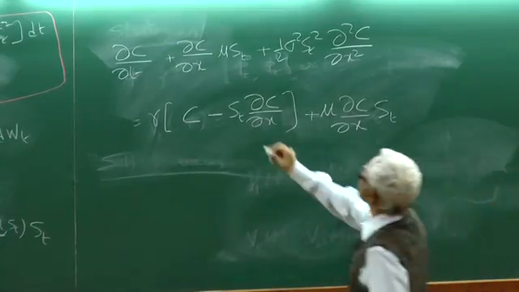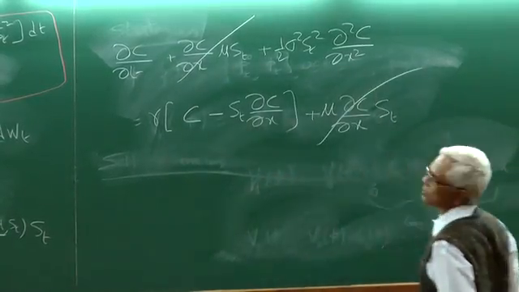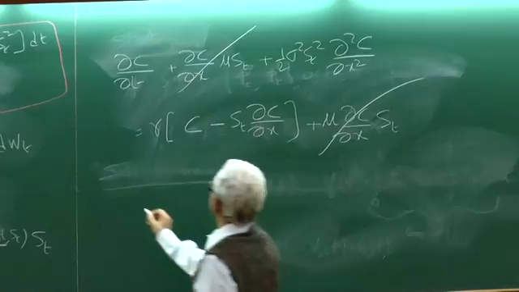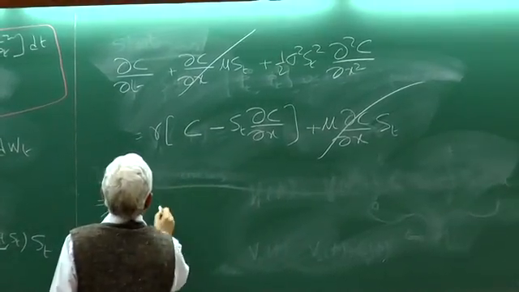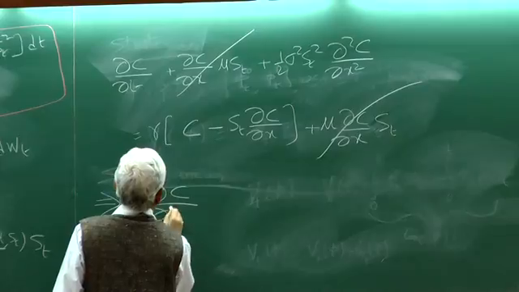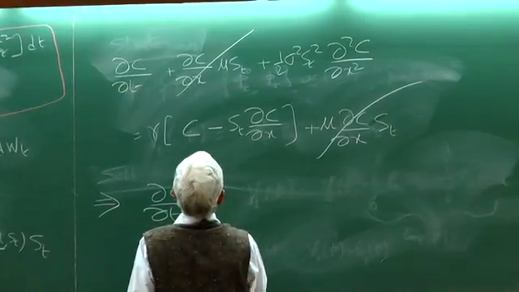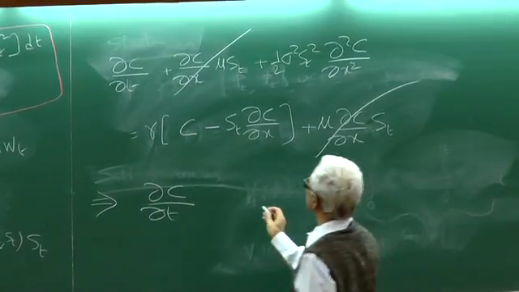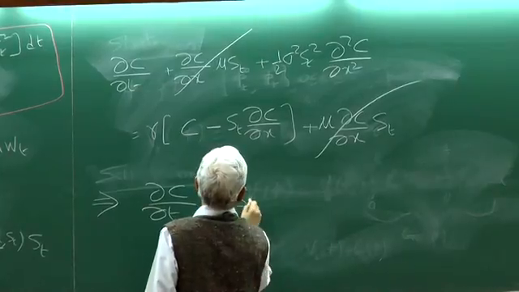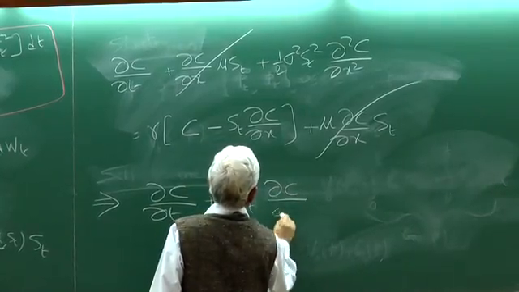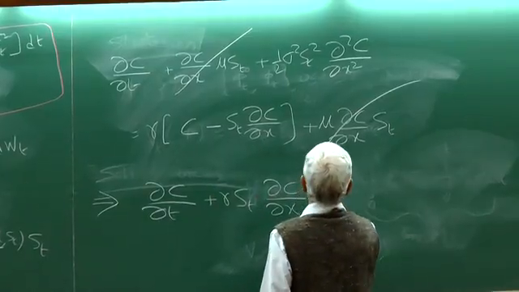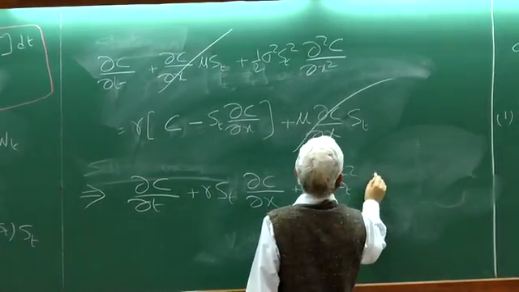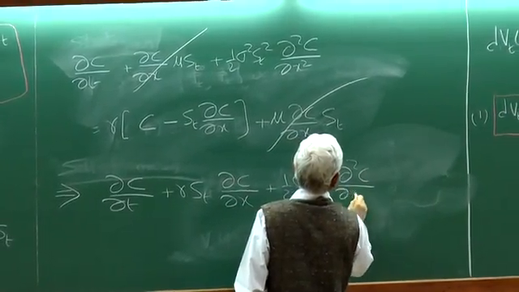Now look at this. Knocks off. So what you are getting? Del C over del t plus I can bring this to that side, right. So then it will be RST del C over del X plus half sigma square ST square del 2 C over del X square.